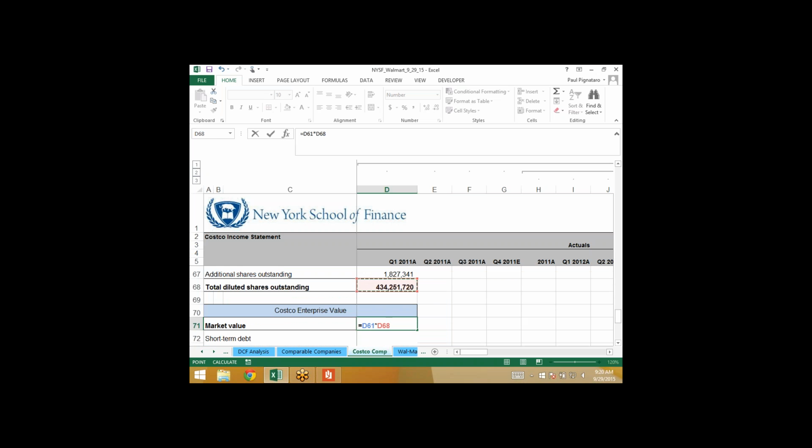And we want to be on, I believe I divided by 1,000,000, to be on the same pace as the other comps. See, they're reported in millions. And we do everything off of the diluted shares on a diluted basis.